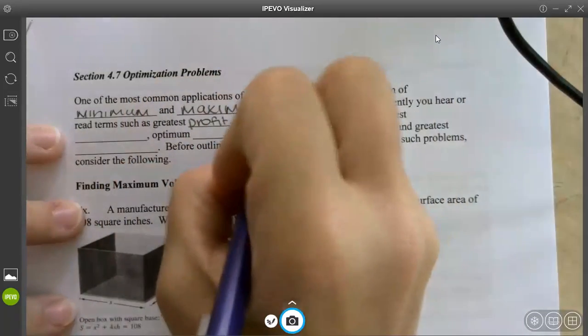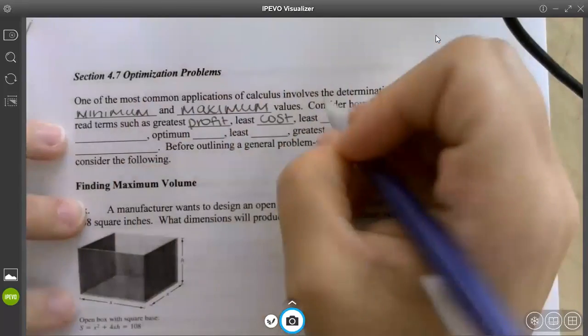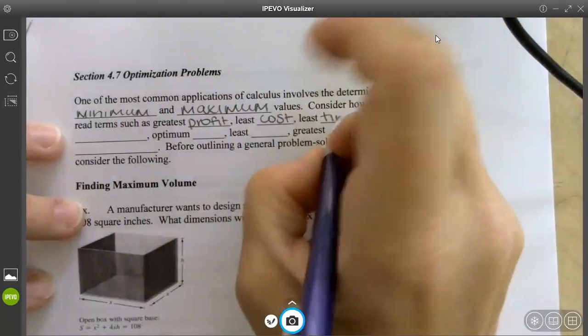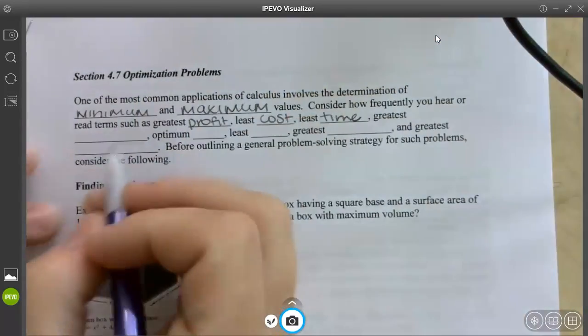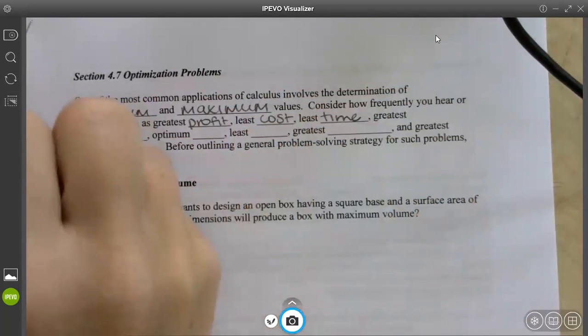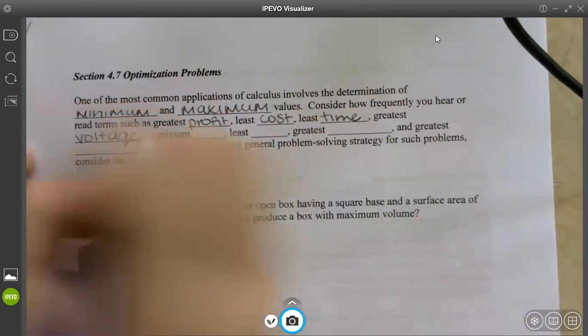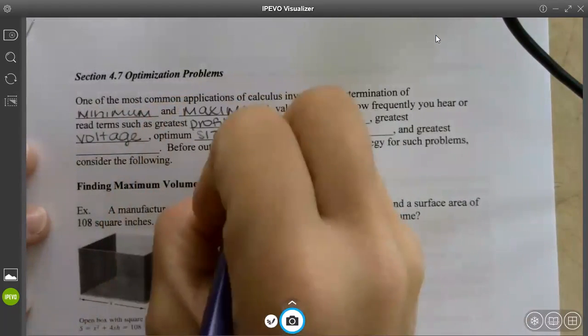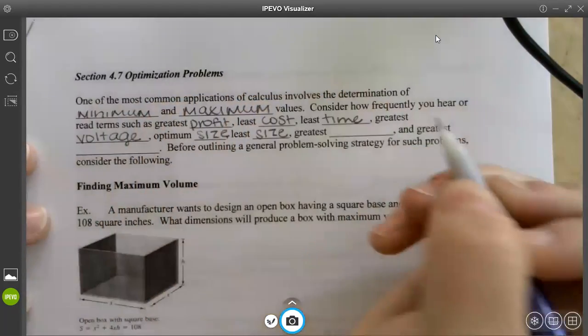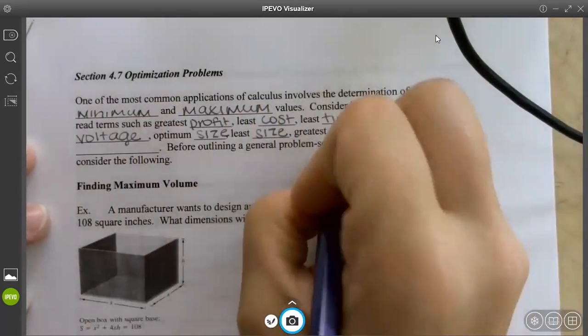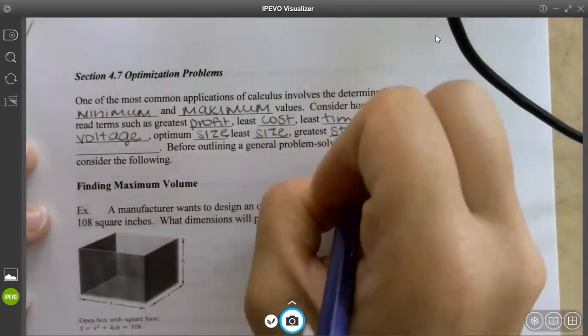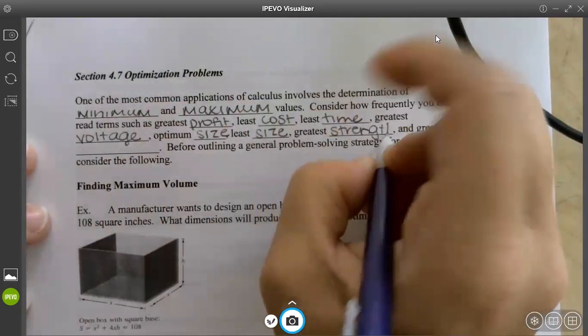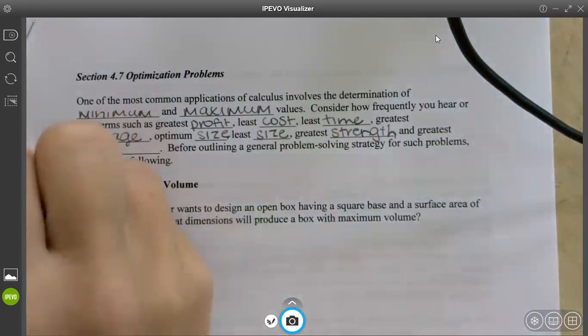Least cost, least time, greatest voltage, optimum size, least size, greatest strength, and greatest distance.